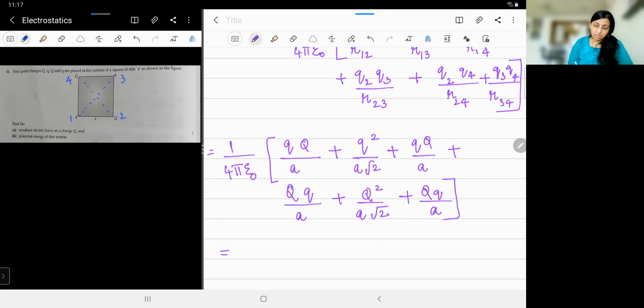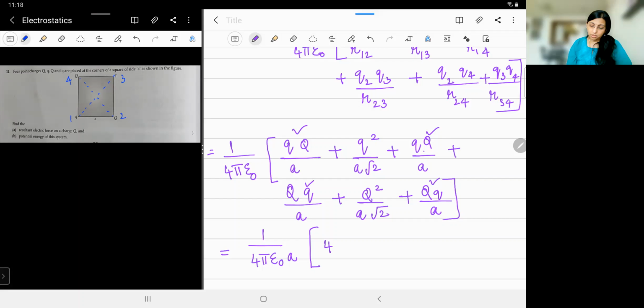Now let us take 1 by 4 pi epsilon naught, and A is also common everywhere, so I'm taking that also out, with the rest of the things inside. How many times is qQ coming? 1, 2, 3, 4.